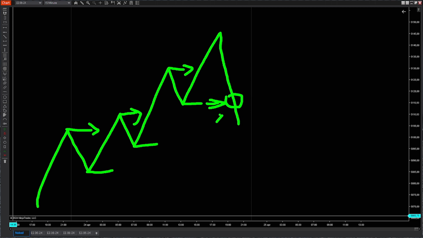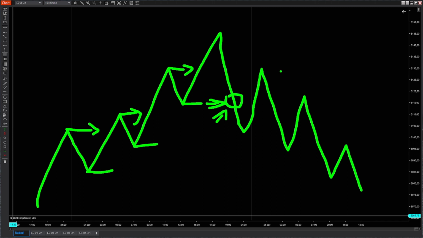Now this is not yet a market structure shift. We can only talk about a market structure shift if the market is effectively making lower highs and lower lows that get taken out on the way down.